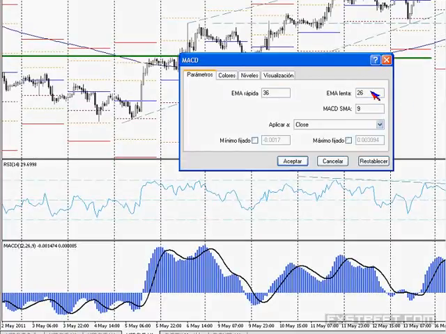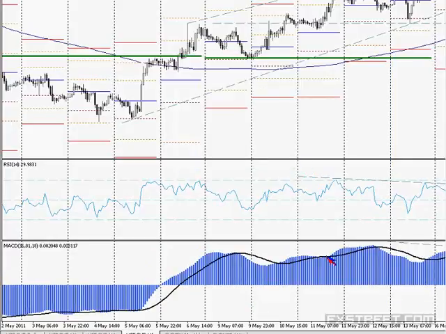Let me just change here to much slower settings by using, for instance, a series of multiples of 9. We have here 36, 81, and 18.